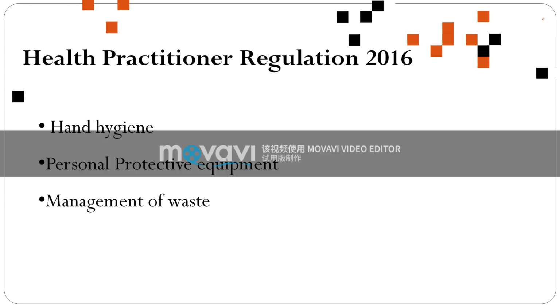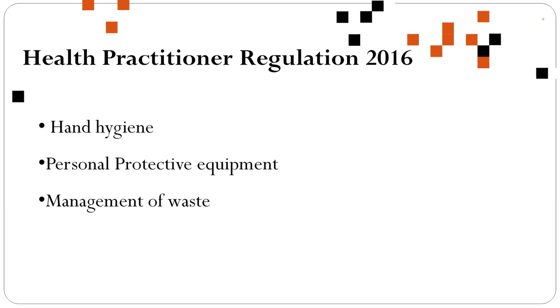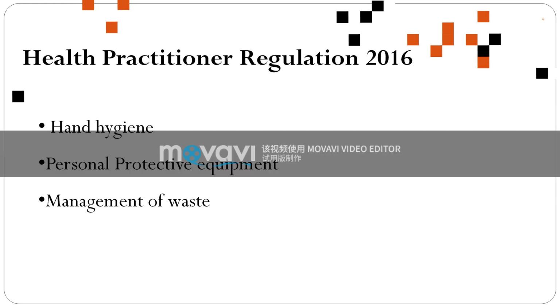All healthcare professionals must comply with relevant regulation and policy in order to ensure patient safety and maintain a healthy workplace. Health practitioner regulation states that health practitioners must comply with the infection control standards, which focus on hand hygiene, use of personal protective equipment, and waste management.